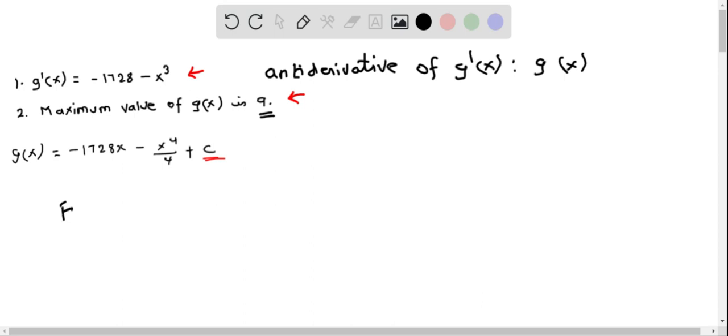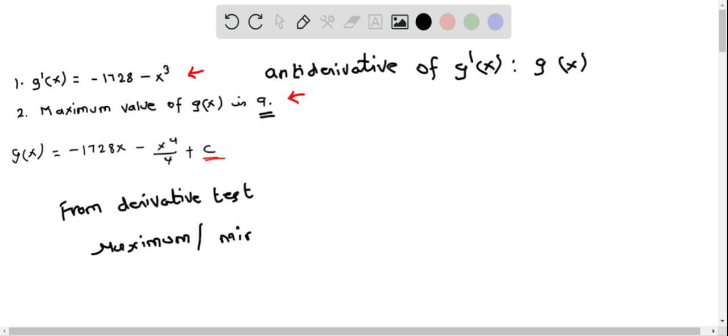We know from the first derivative test that the maximum or the minimum value occurs at a critical point.